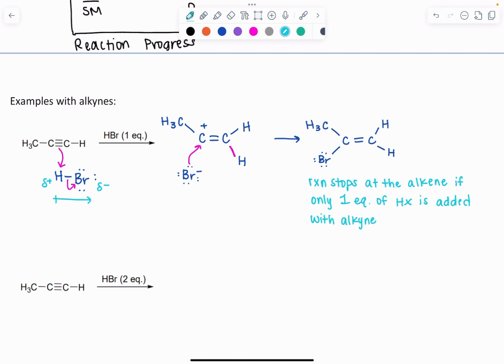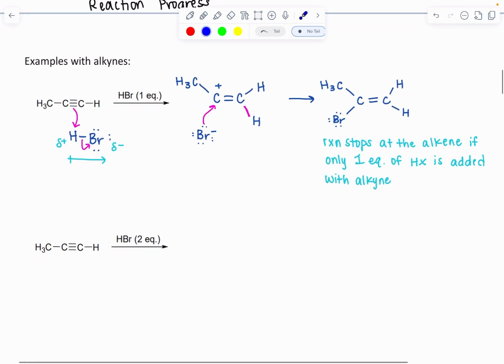So if only 1 equivalent of that HX, in this case HBr, is added to the alkyne, the reaction would stop at the alkene. Now here we have 2 equivalents. So first, 1 HBr would react with the alkyne and produce the alkene, and then the alkene will continue reacting.